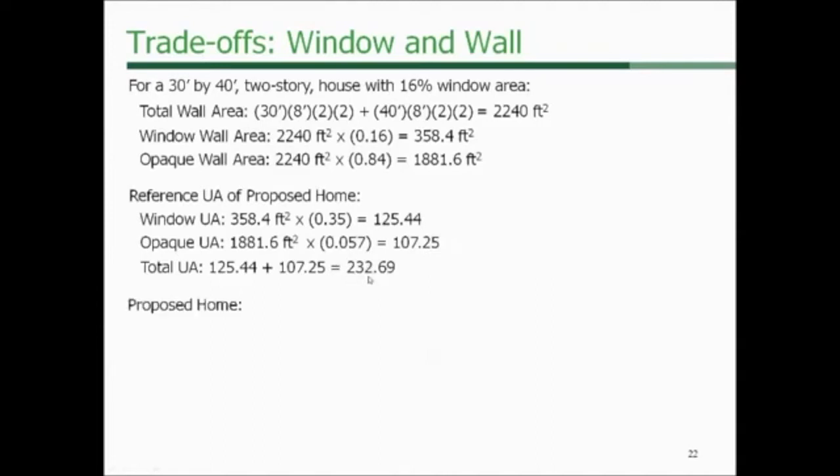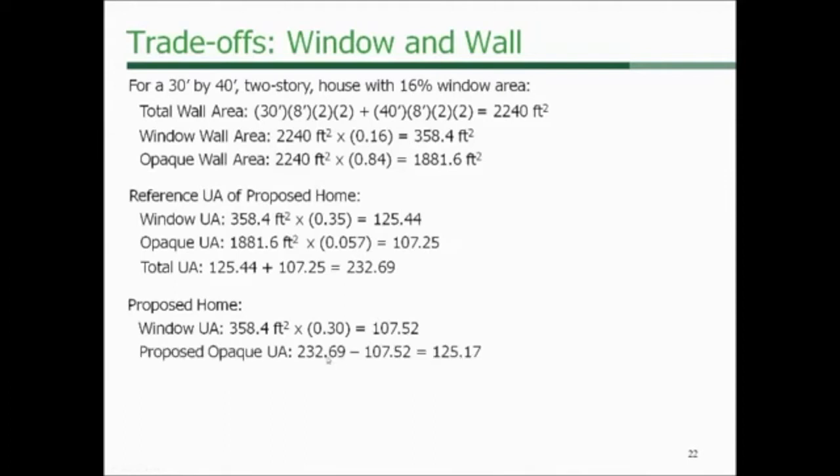So here's my proposed home now. That was the reference, using the 0.35 window. Now, if I use a 0.3 window, I multiply the window area by 0.3, and I come up with a UA of 107. I subtract that from 232, my total allowed UA, which means that I have 125 to use for the opaque area.